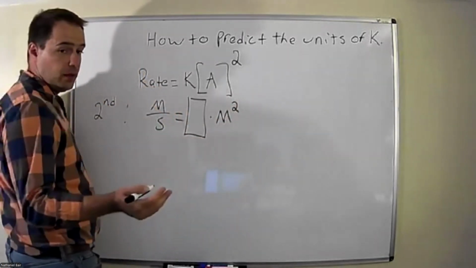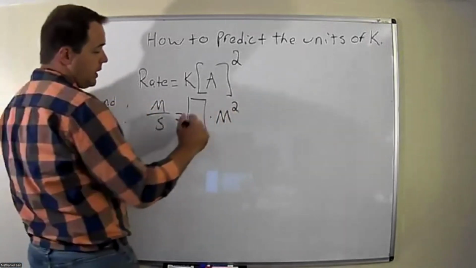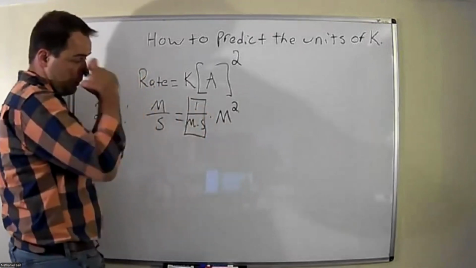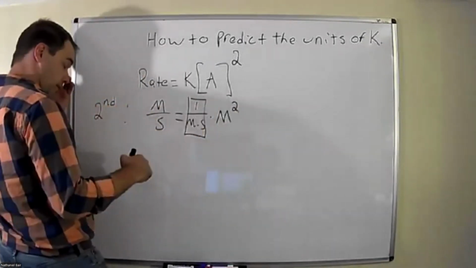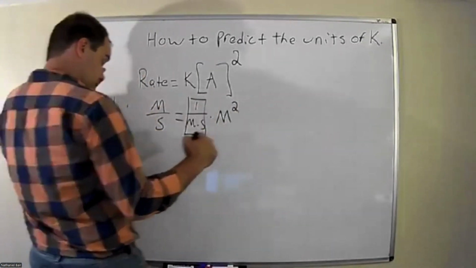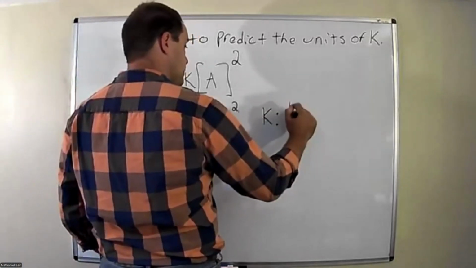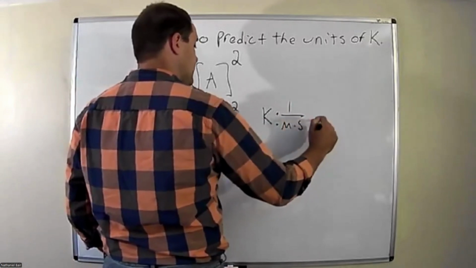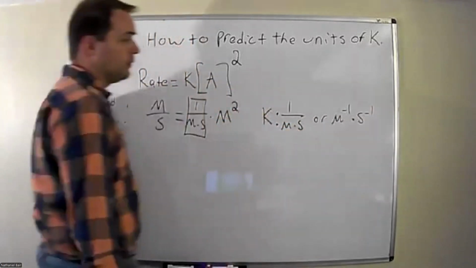Now you really got to think. I need to get rid of a molar. So this has got to be 1 over molar times seconds, because one of the molars cancels out, and I'm left with molar per second. So if I'm second order overall, my rate constant has units of 1 over molar times seconds, or molar to the negative first times seconds to the negative first.